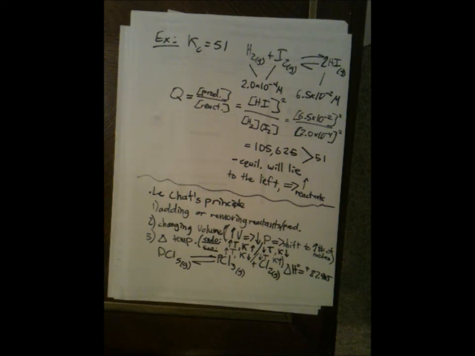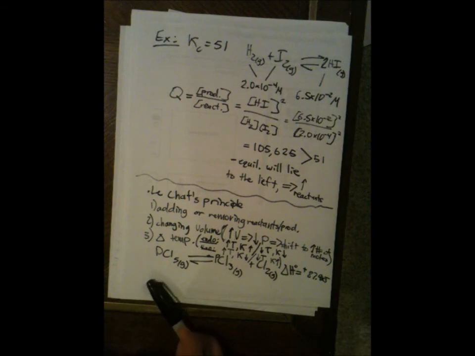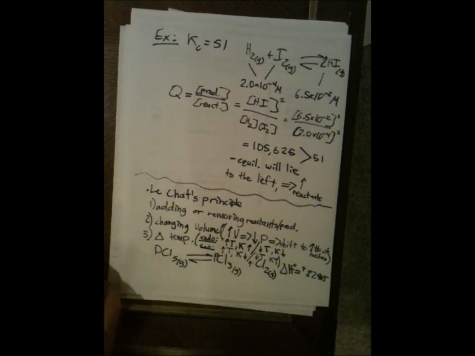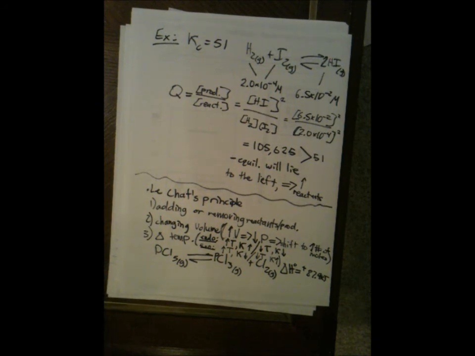So let's give an example. So I had the delta H here. Delta H, 87.9 kilojoules. Okay, so you know it's endothermic. So let's say I decrease the temperature. Try not to look here. If I decrease the temperature, then which side am I going to shift? You decrease temperature when it's endo, you also decrease the K. Okay, so when you decrease the K, what are you also decreasing?